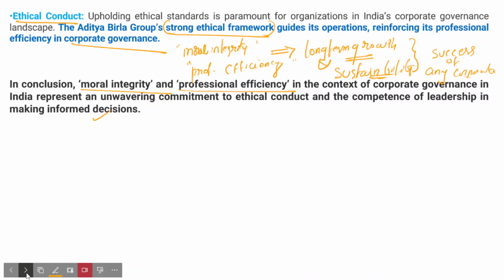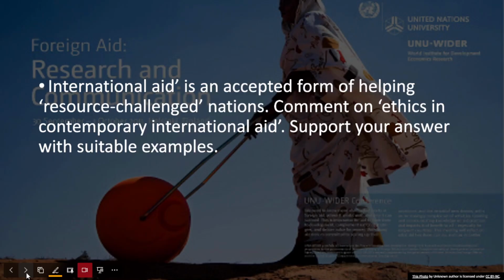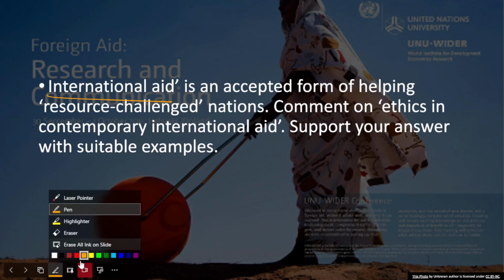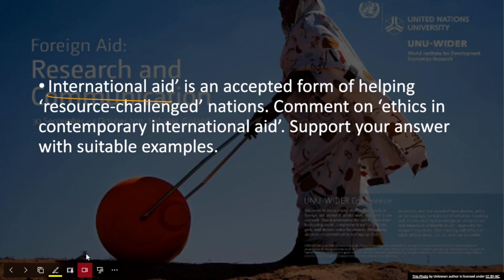So the next question is about international aid. See, aid has been very often criticized. There are many reasons for criticism of international aid. The reasons include that international aid is very often used by developed countries to open up markets in the developing countries or least developed countries.